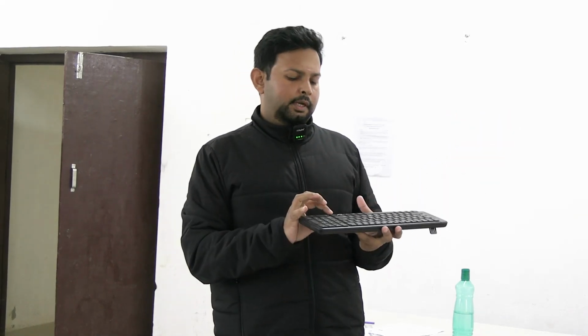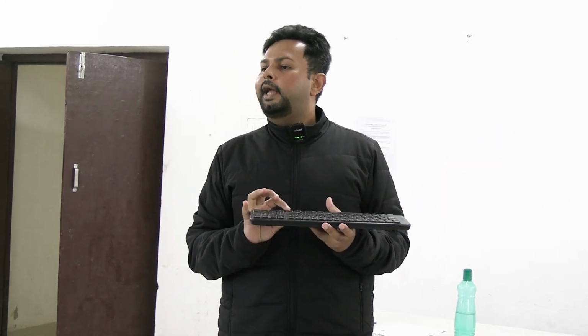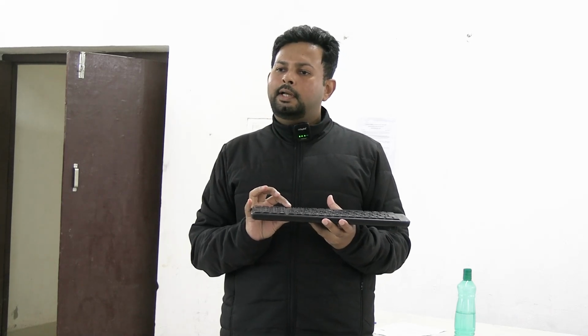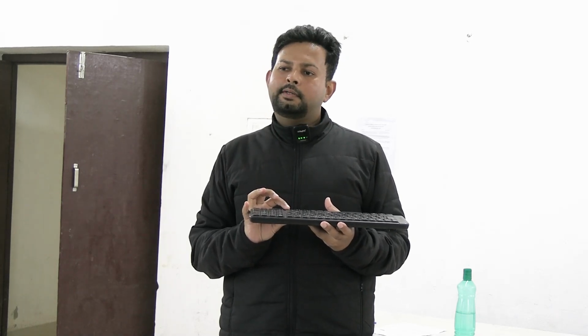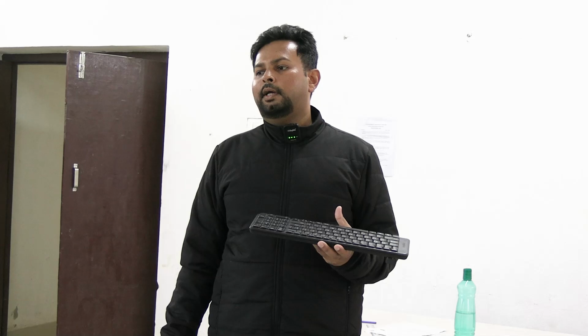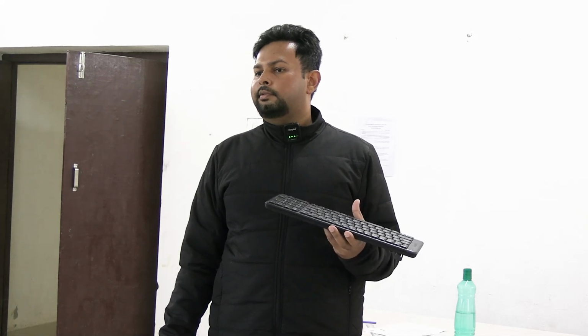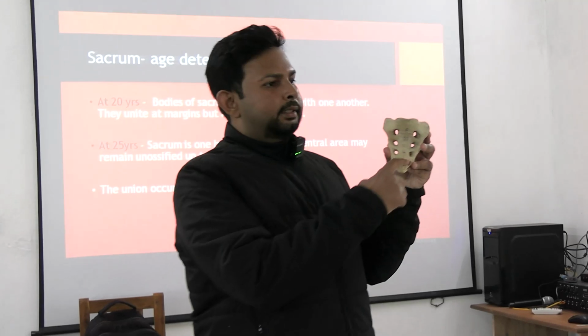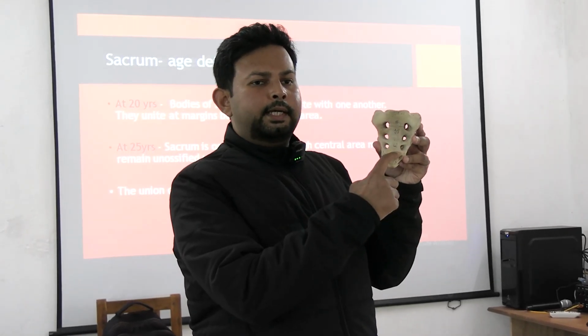Right? Now we will estimate the age. Estimation of age is very simple. Not much to learn by heart. How do we estimate the age? These 2 points and it's over. These things unite by 20 years of age.